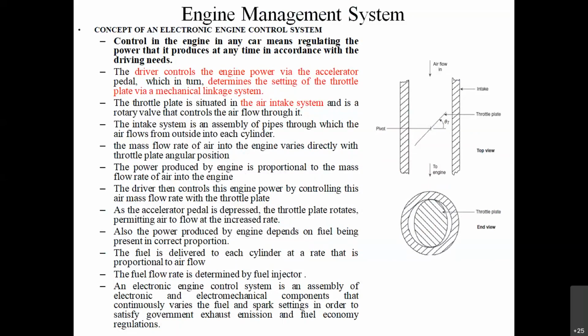By now, whatever points we have discussed, I think we will come to know that the required power for driving your vehicle is generated by the engine, in the power stroke. And the second thing we have concluded is that the maximum power can be generated by using the proper air and fuel mixture.